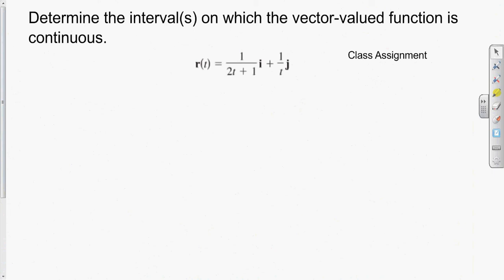Determine the intervals on which the vector valued function is continuous. What would the interval be here? The interval for continuity is tantamount to the interval that we will call the domain. They're saying the same thing here.